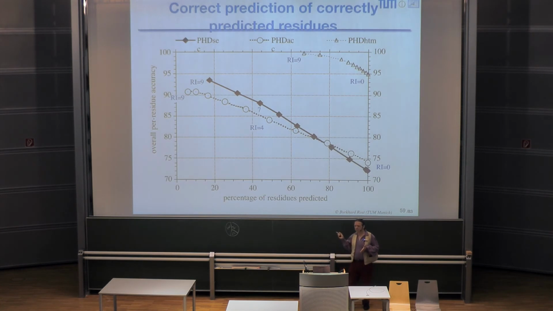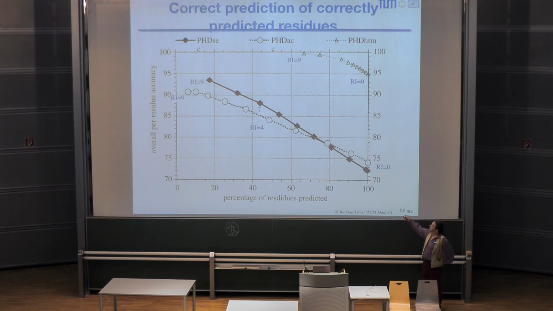Here's the fit for the per residue level. What I show is the percentage of residues predicted over per residue accuracy, and the curve that is important here is this black one. All residues I predict at 70-something, 72%. That's the average I showed you before.